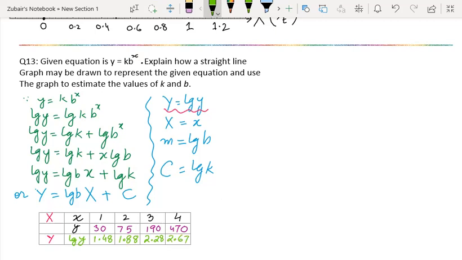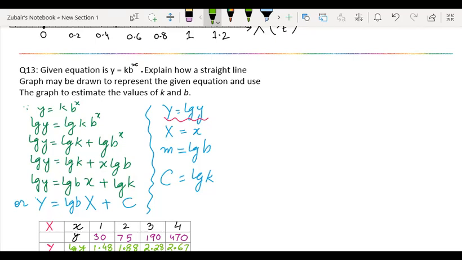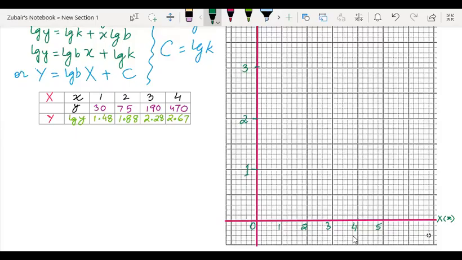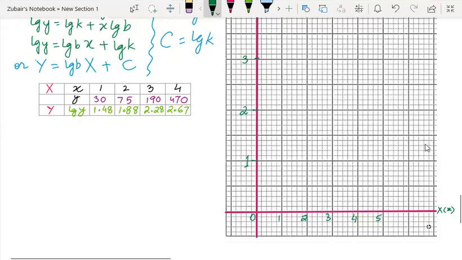So now we need to plot these values on graph paper, which in the software will be a graph. The graph paper is here, and we already have the table of values of both capital X and capital Y. Capital Y is basically LGY, on the vertical axis 1, 2, 3.